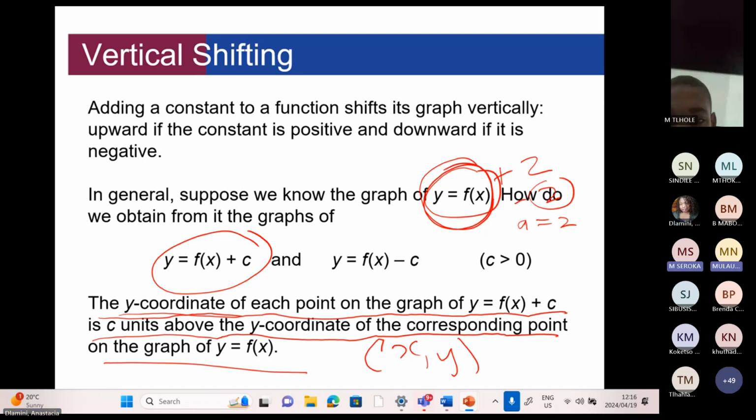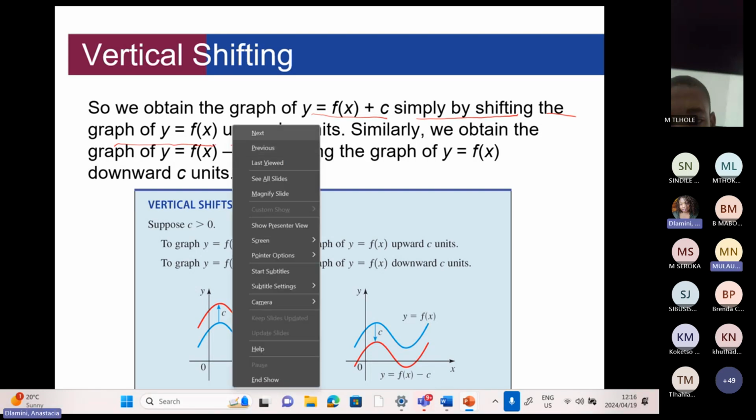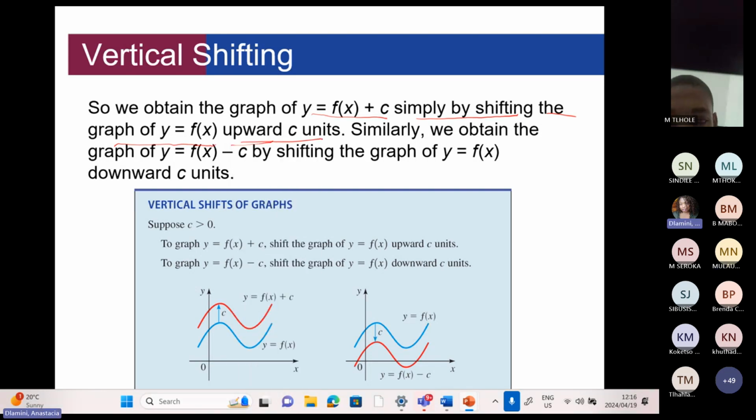The y coordinate. Thank you. Y. So we obtain the graph of y equals f of x plus c simply by shifting the graph of y equals f of x upwards, c units. Similarly, we obtain the graph of this by shifting downwards, c units.